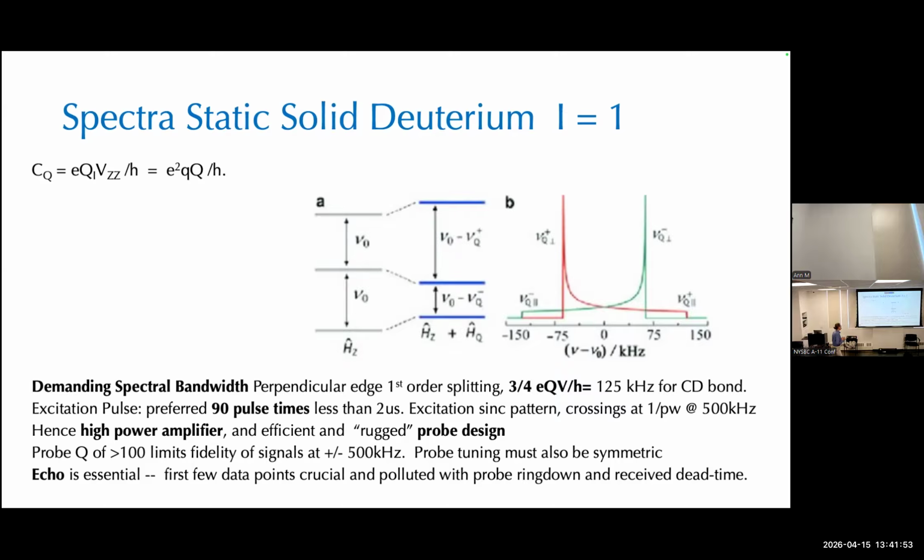Also, if you have a high Q, you guys know what Q in a probe is, quality factor, the ability of the probe to be narrowly tuned and to really amplify the pulse that goes into it. When you want high power and short pulses, it seems like you want a good Q. However, there is no good Q without a long ring down of the pulse. That's a direct consequence of having a good Q. So that's not a good thing because these lines are so broad that their FIDs are very short.